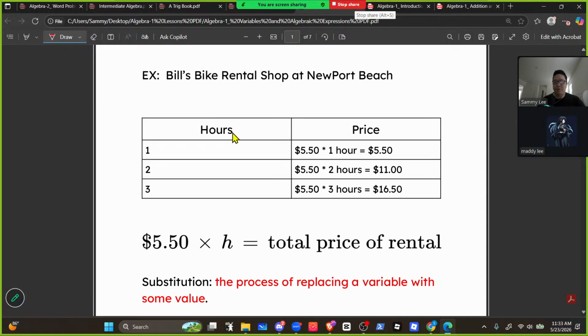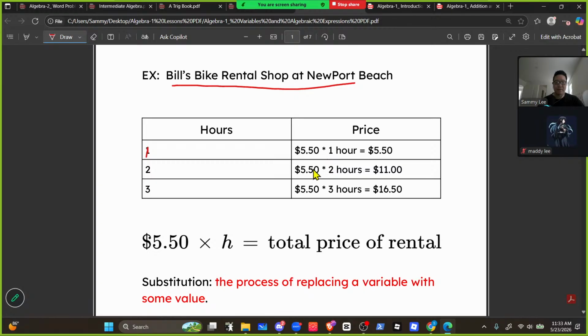What variables do is they basically allow us to model what happens in the real world. So here's an example of Bill's bike rental shop. It's a place that you go to and pay money to rent a bike, and you can see that it has the hours and the prices listed. So you have 1 hour, 2 hours, 3 hours. For 1 hour, it's 550 times one.